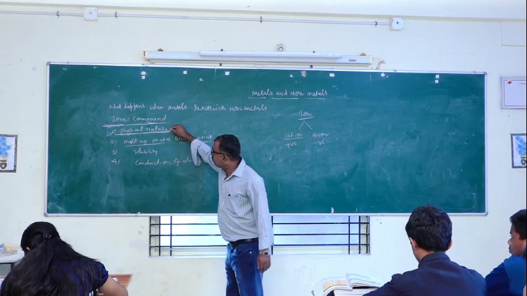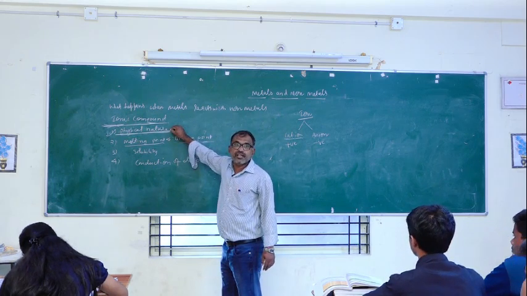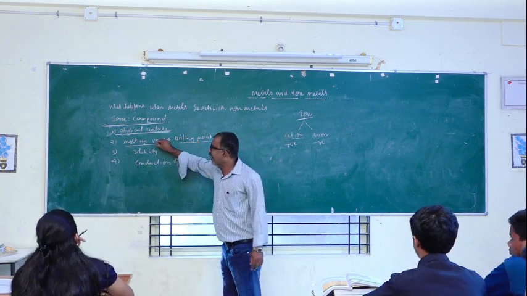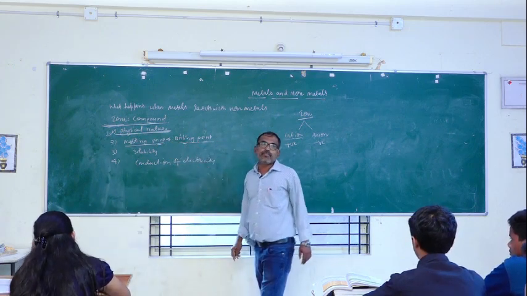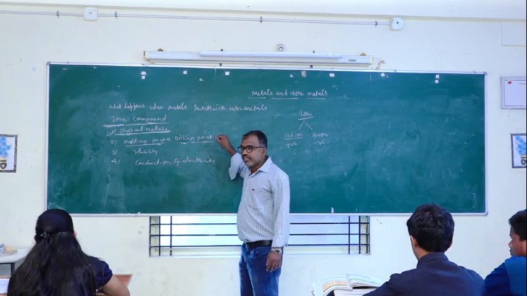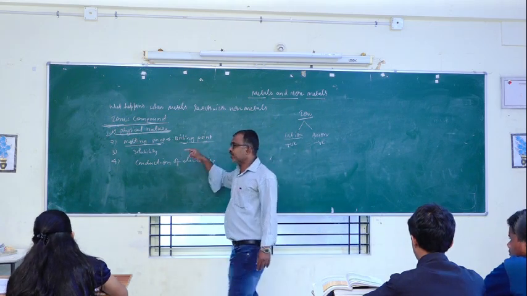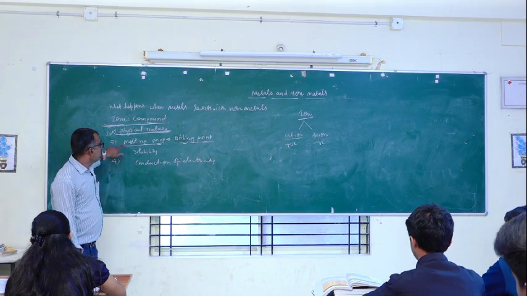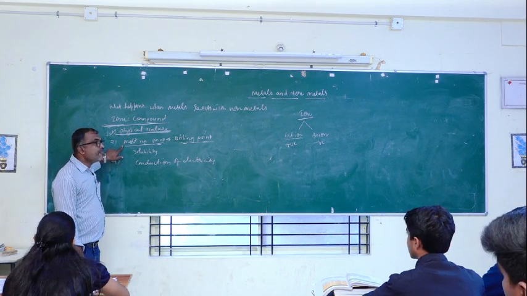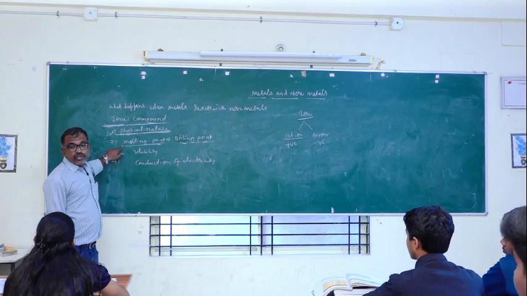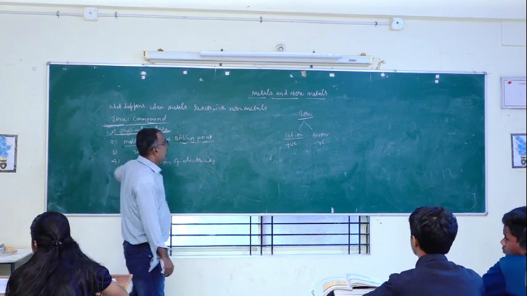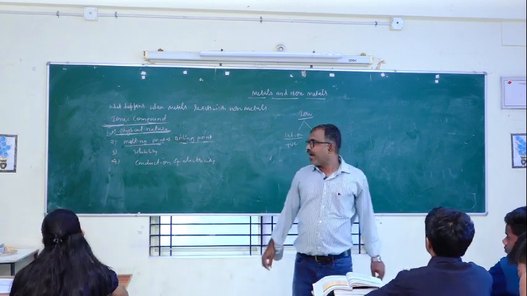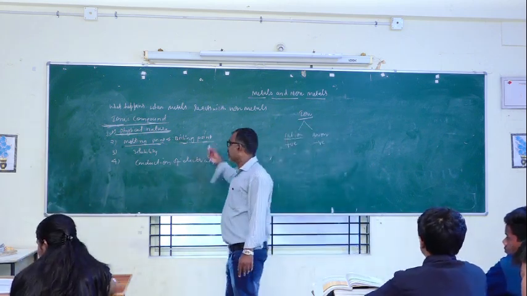As I told you, there is a strong force of attraction, and to break this strong force of attraction we require high melting point and boiling point. In your book, they gave a table of 3 or 4 ionic compounds with their melting points and boiling points.